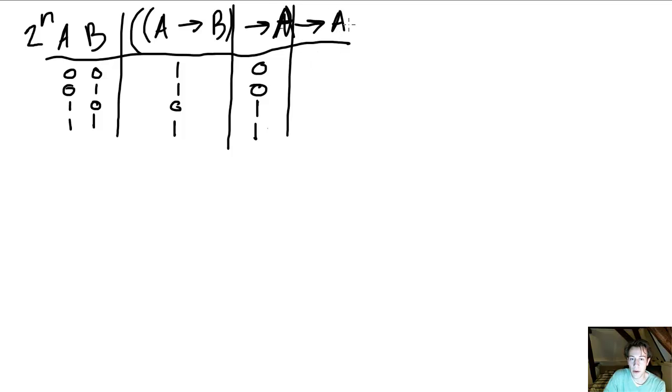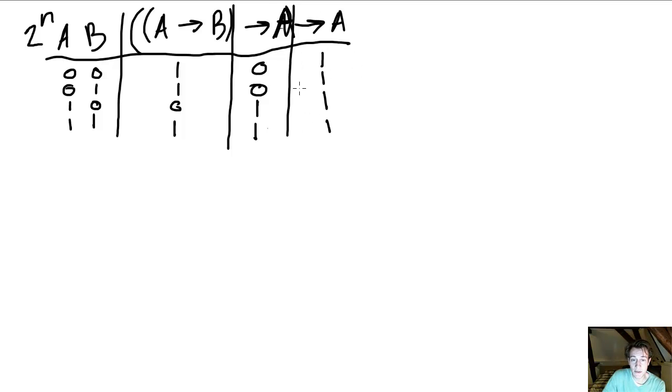Well, now we'll compare this together, so we'll get 0, 0, 0, 0, 1, 1, 1, 1, so that's always 1. Check it yourself.